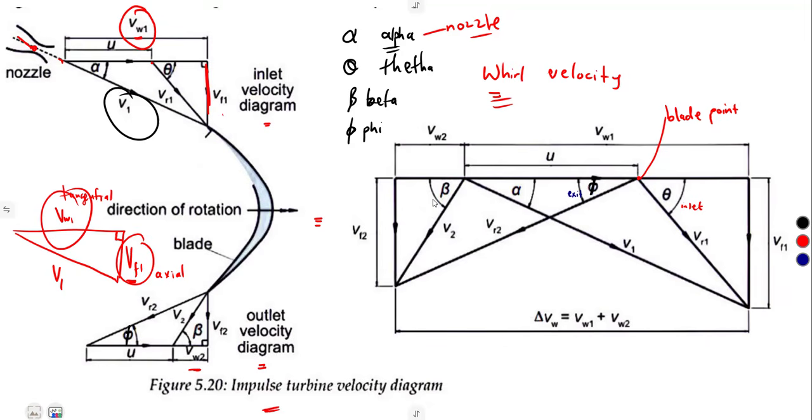It is now exiting with that velocity at an angle beta.